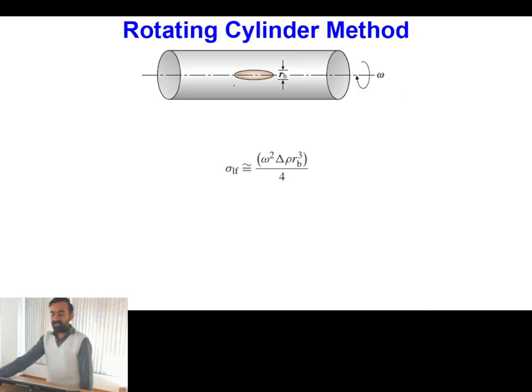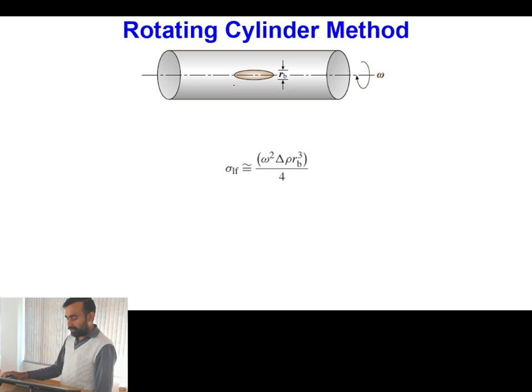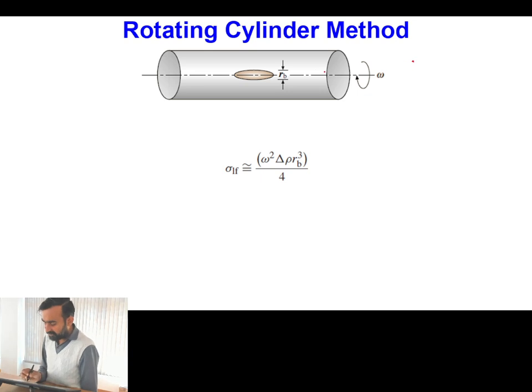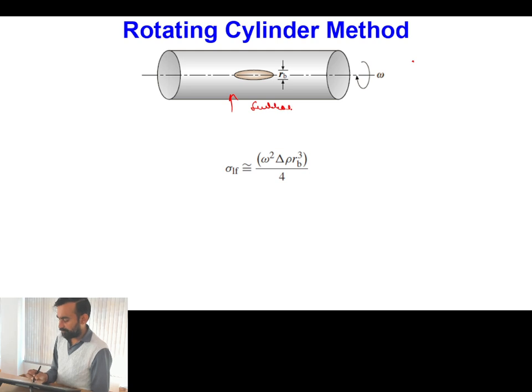Next method is the rotating cylinder method. In the rotating cylinder method, the effect of centrifugal acceleration is employed for measurement of surface tension. Here a cylindrical vessel is taken, and inside this cylindrical vessel a surrounding fluid is considered.